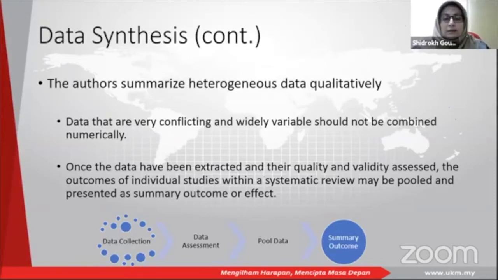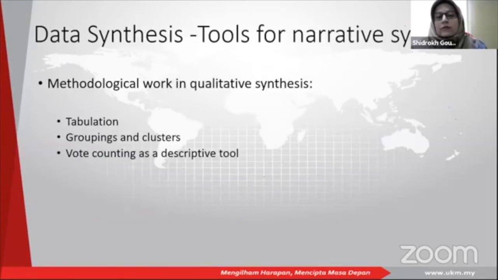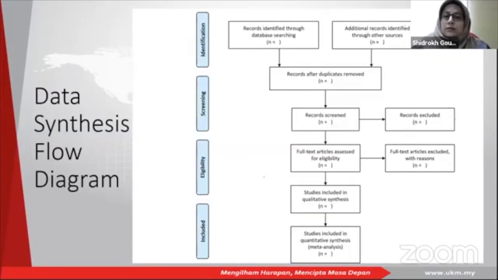Once the data has been extracted, the quality and validity should be assessed, and the outcome should be prepared by you. And I want to recommend you to use tabulation, grouping, clustering, and routing method, as well as counting as a descriptive tool to show your finding.